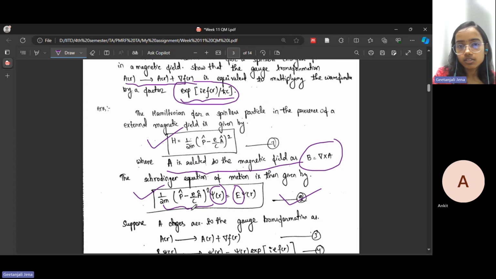What we can do here is we first take that the wave function changes by a phase factor under the gauge transformation.